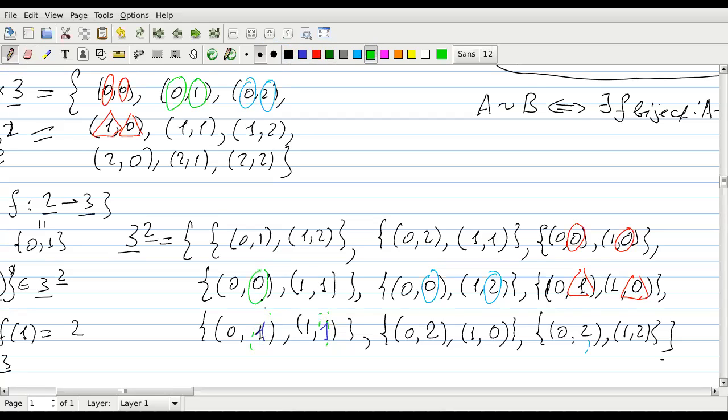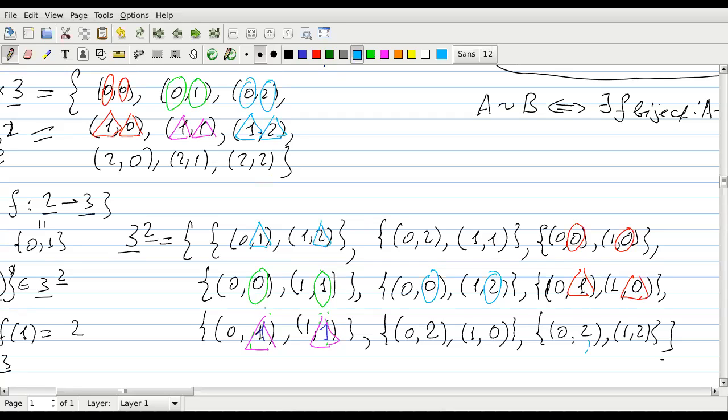This one. Okay. What about this one? 1, 1. Third row, first column. Yeah. 1, 2. First element. 0, 1, 1, 2.